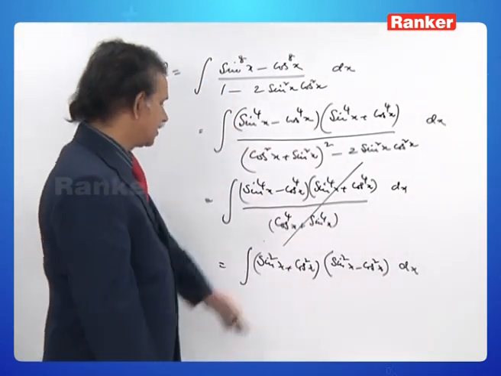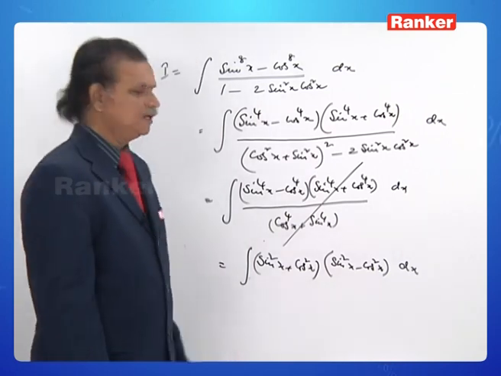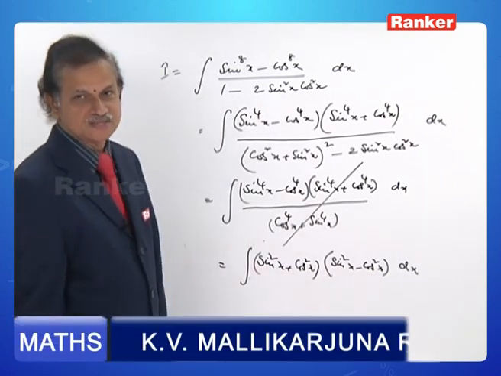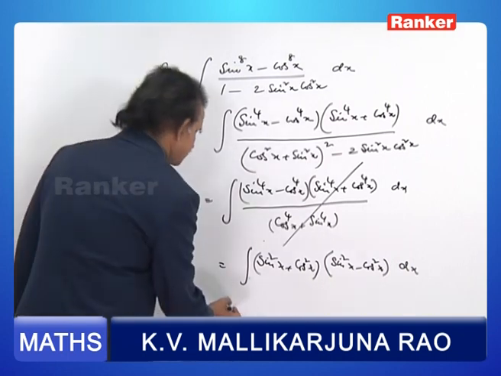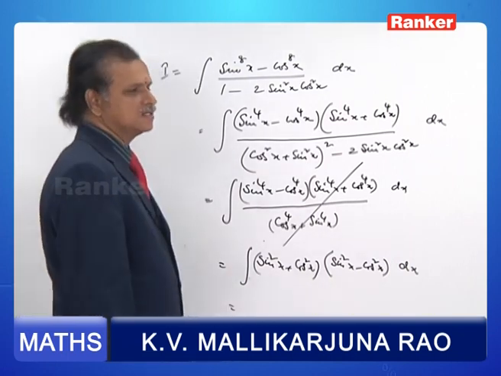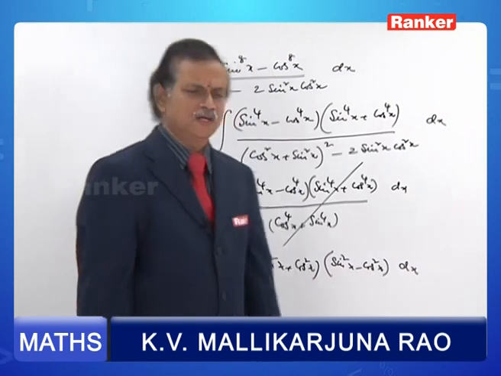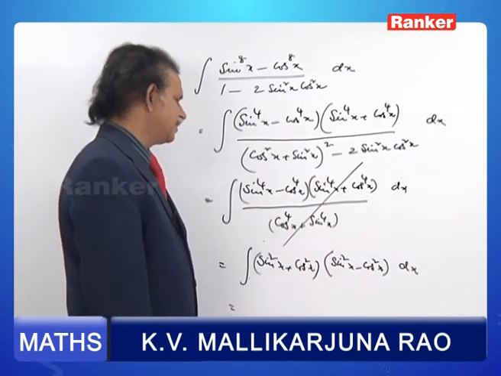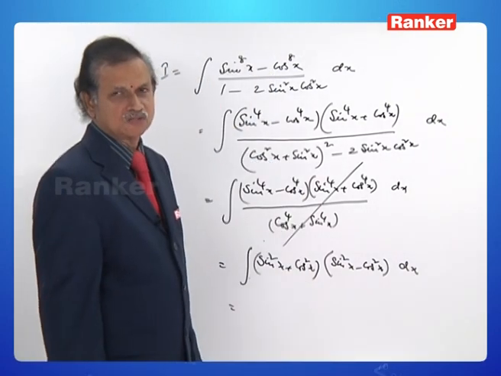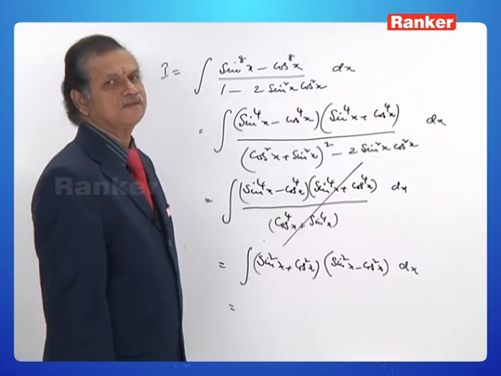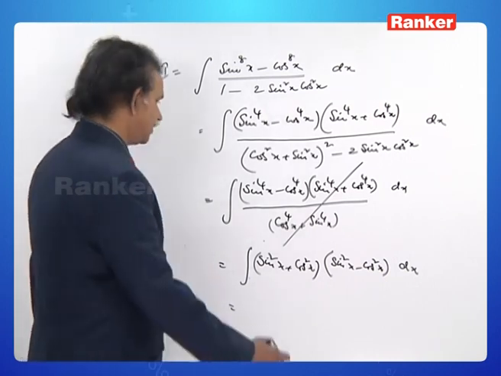And we know that sin square x plus cos square x is 1. You just forget it. Well, sin square x minus cos square x. This you can do in so many ways. You can split one sin square x as 1 minus cos square x, so that it is 1 minus 2 cos square x. Isn't it?